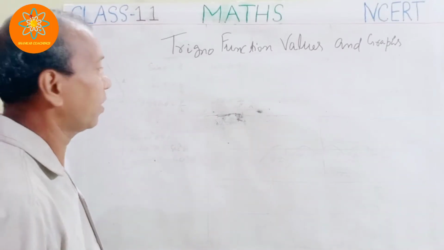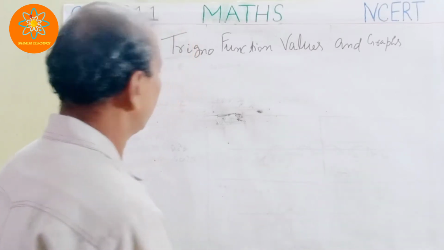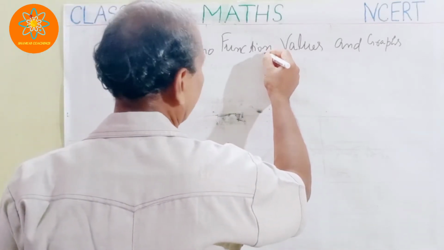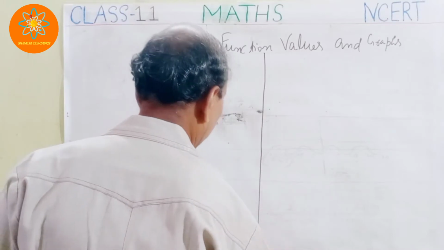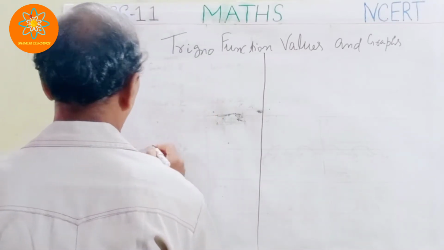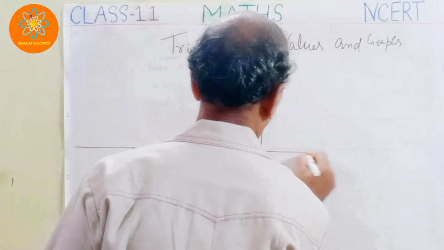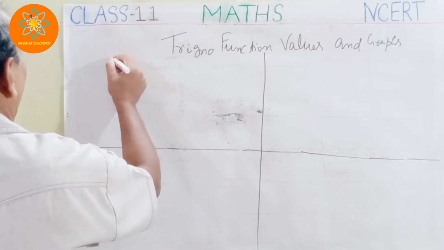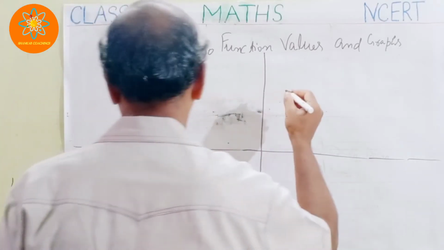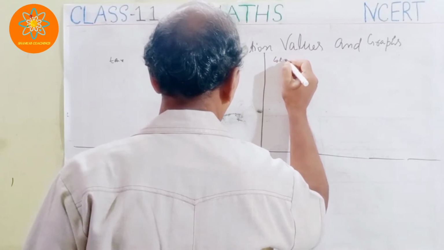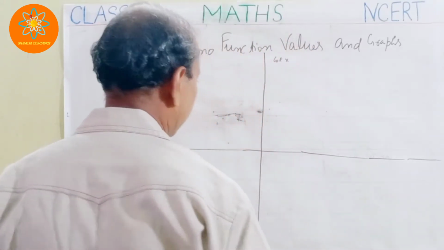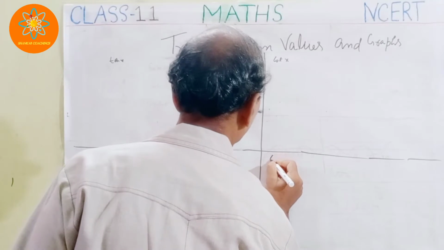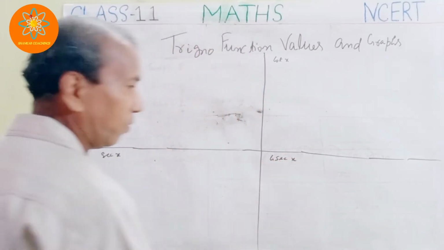Now let's see the remaining 4 graphs. Those 4 graphs are tan x, cot x, sec x, and cosec x. So we'll draw those graphs.